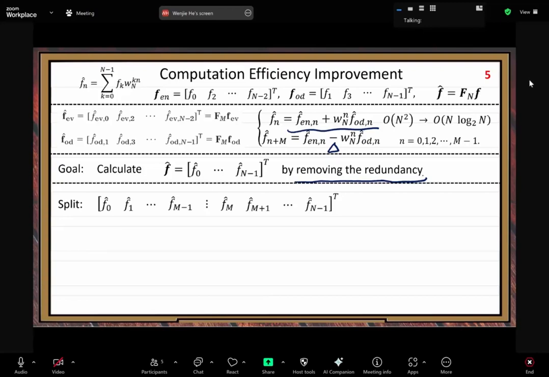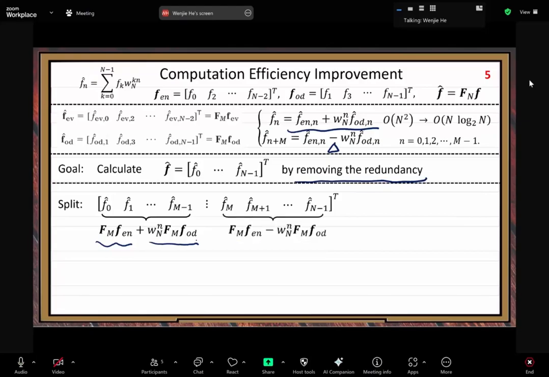First, we split into two halves, the first half and the second half. Then the first half can be represented as the sum of these two vectors. The second half represents the subtraction of these two vectors.